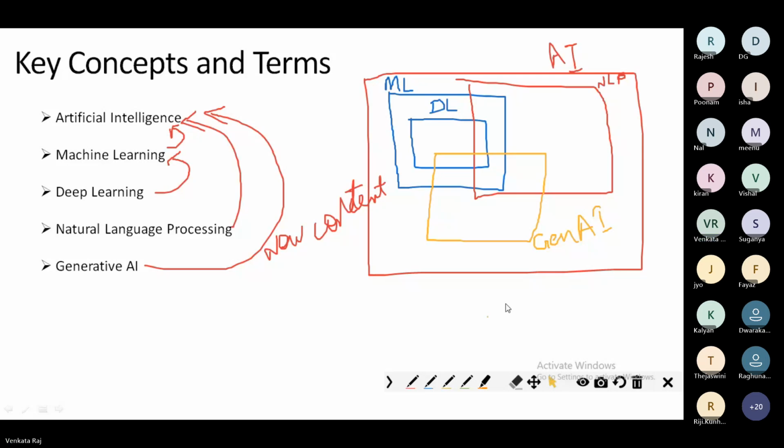And then we have language models. These language models are a type of Gen AI, guys. They are a type of generative AI.